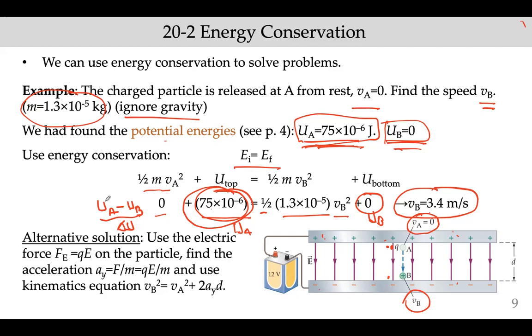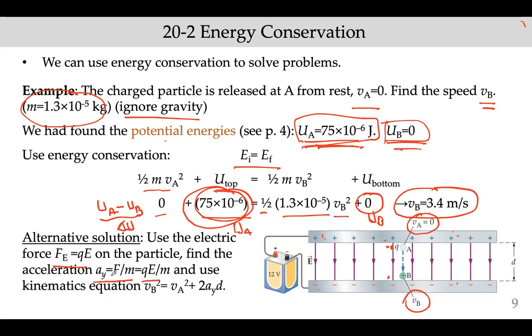There's also an alternative solution where you don't have to use conservation of energy, but you can use electric force. So F equals Q times E on the particle. By using this force, find the acceleration by using Newton's second law of motion, F equals ma.